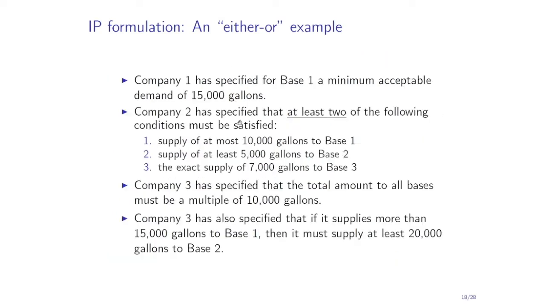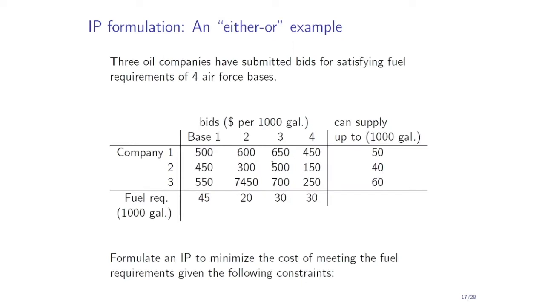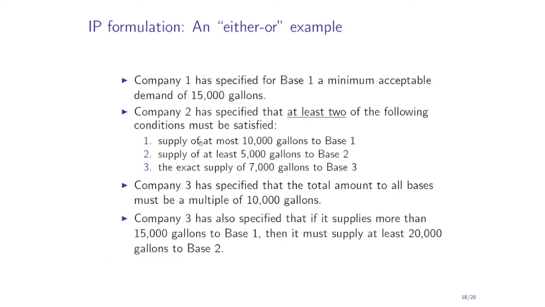given the following constraints. Okay, without the constraints, let's forget those constraints. If this was the problem, this was all we knew without any additional constraint, its formulation was very easy, right? But what makes it complicated is the constraints that are introduced in here.